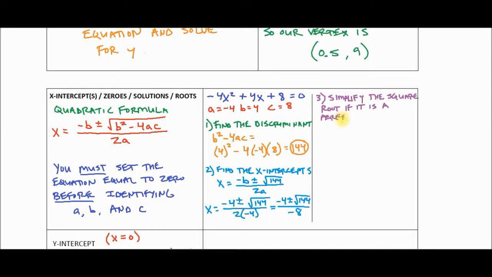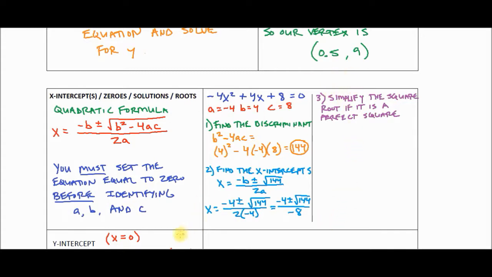So that means if the discriminant has a perfect square to it, if you square root 144 and you get a whole number, it's a perfect square, and we're going to go ahead and resolve that square root. That means we're going to convert it to a whole number. If you put in your calculator the square root of 144 and it gives you a bunch of decimals, just leave it as the square root of 144. We'll resolve it in the last step.